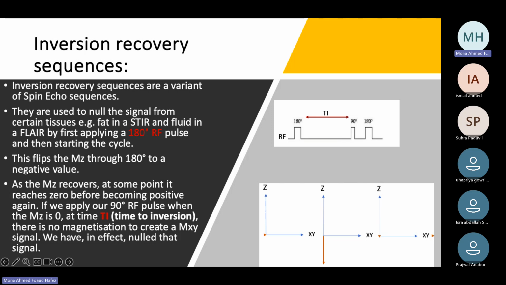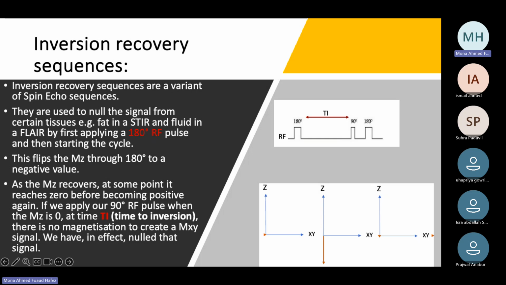In both FLAIR and STIR, we first apply a 180-degree pulse, then start the cycle, and then flip the MZ through 180 to a negative value. MZ recovers, and at the same point it reaches 0 before becoming positive again, we apply our 90-degree pulse.